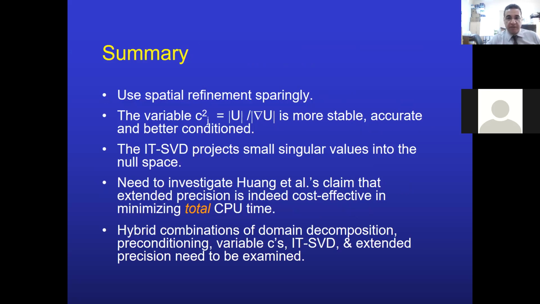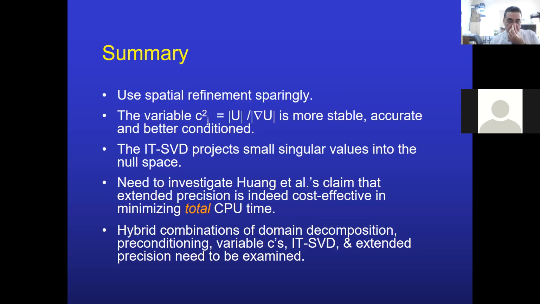So I've got some summary. The thing is, you can use spatial refinement sparingly. The shape parameter can vary with the curvature, the radius of curvature.